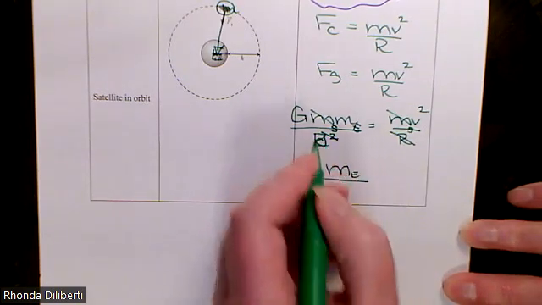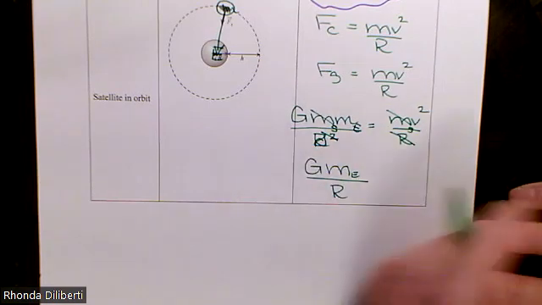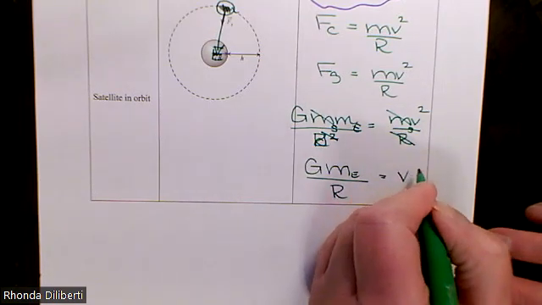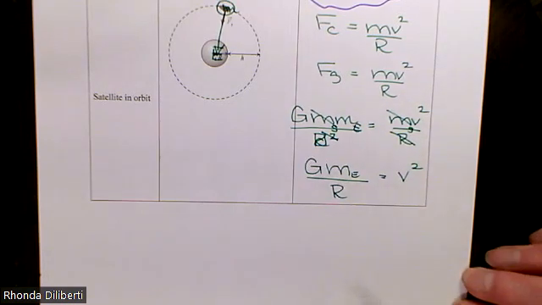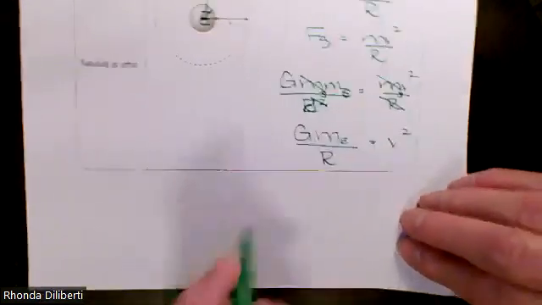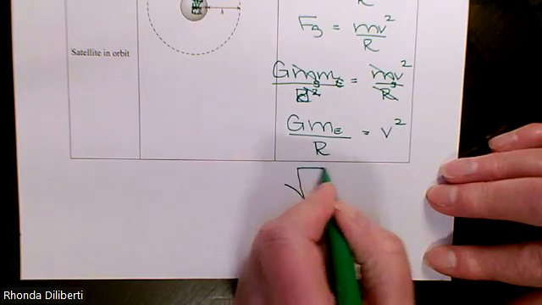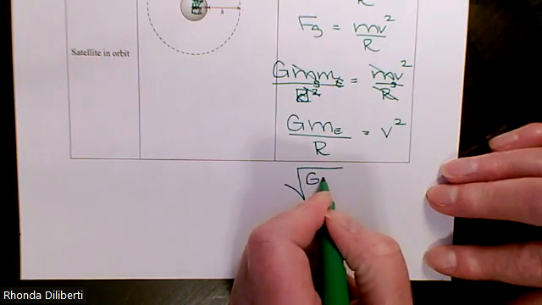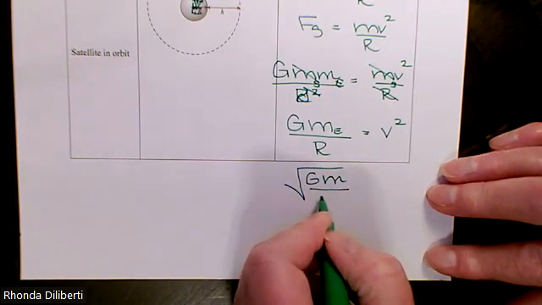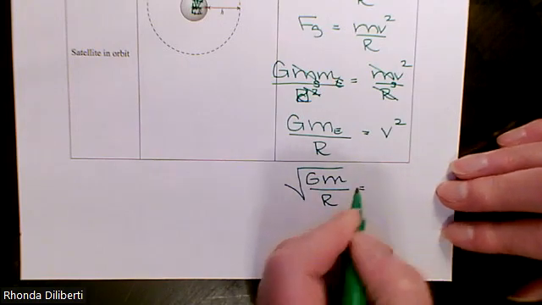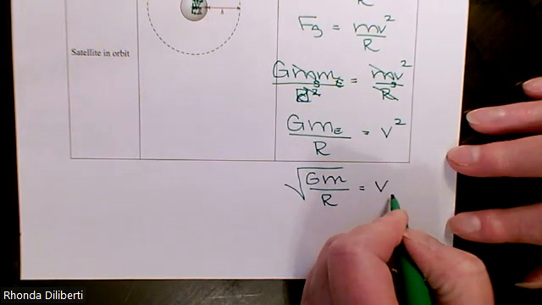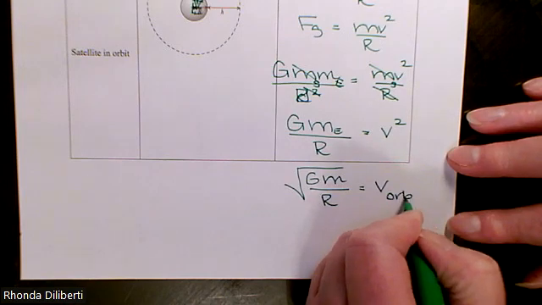I have one r down here, and I have v squared over here. So obviously, if I square root that, velocity, the mass, the r, v, I'm going to call this v orb.